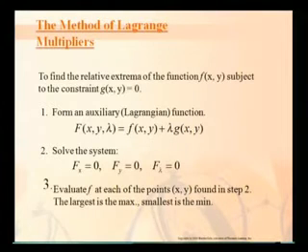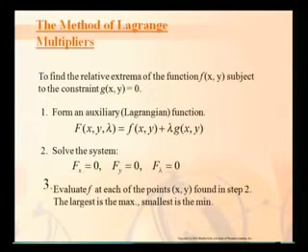Here there are some steps to find local maximum and minimum values: to find the relative extreme values of a function subject to the constraint g(x,y) equal to 0. The difference from normal maximum-minimum problems is that here we have a constraint, so we have to follow that condition and use it to find the maximum and minimum values.